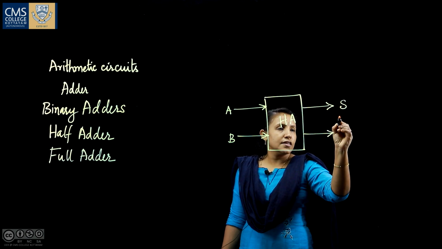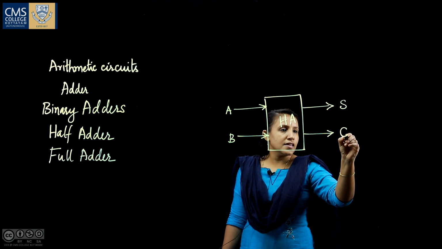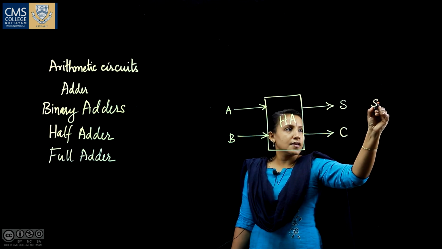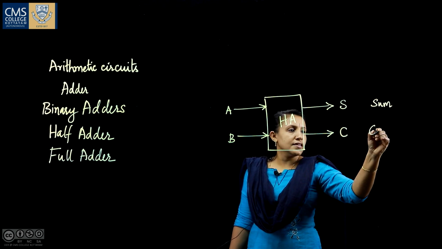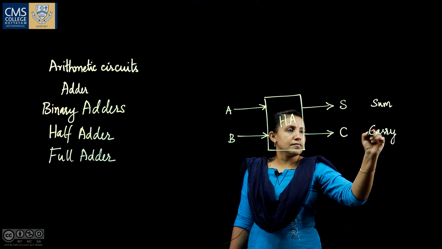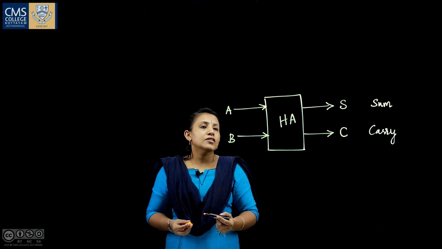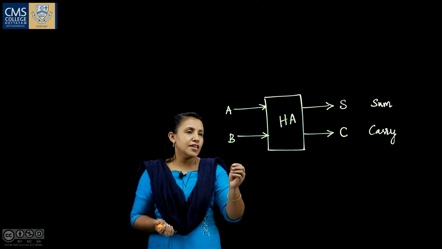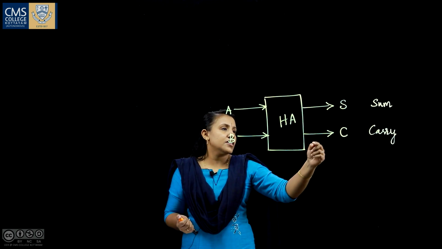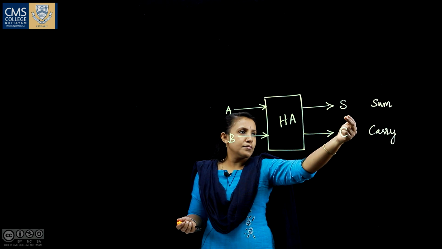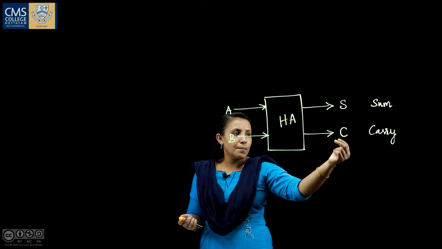One is designated as S and the other as C, where S is the sum and C is the carry. A and B are the two inputs to which we give the bits to be added, and we take out the output from S and C, which gives you the sum and carry.